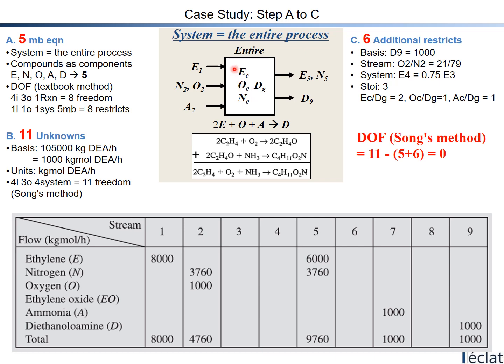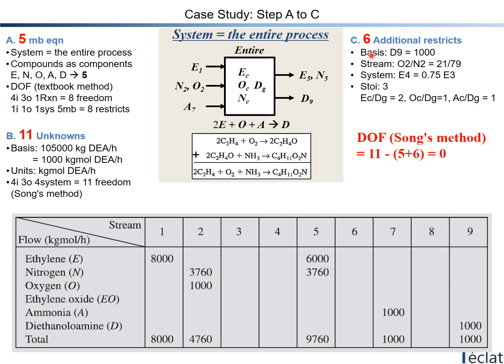In this case, the ethylene consumption term, the oxygen consumption term, the nitrogen consumption term, and the DEA generation term. So we have 4 system variables, then 11 degrees of freedom there. So we have 11 freedoms or unknowns, but we have only 5 material balance equations. So we should find 6 more restricts or pieces of information.